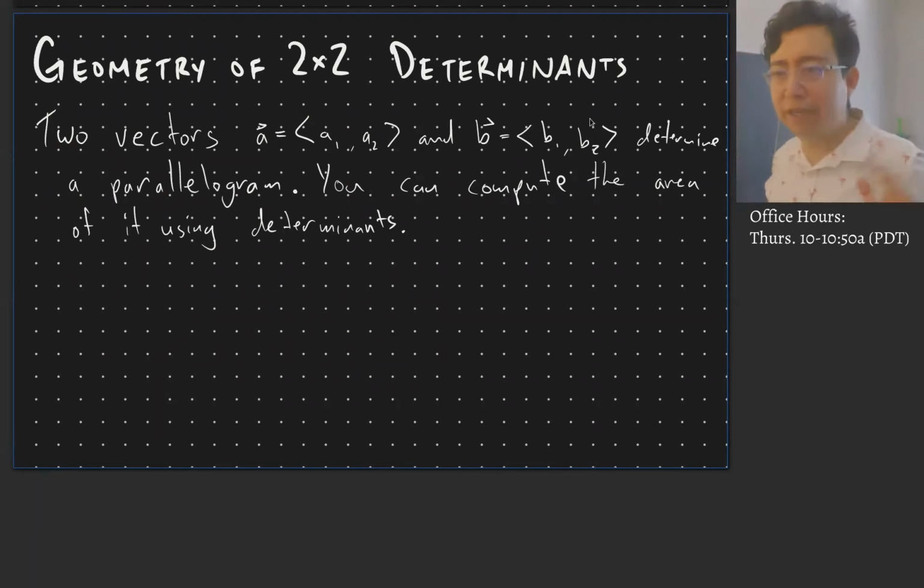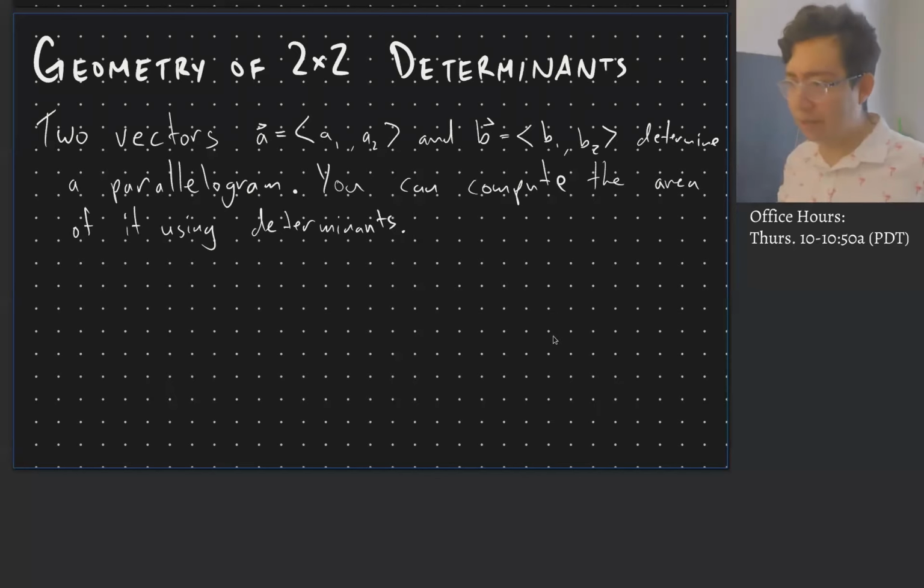So specifically in dimension 2, if we have two 2-dimensional vectors, then they're going to give you a parallelogram, right? Let's see that in a way that's maybe a little more concrete.